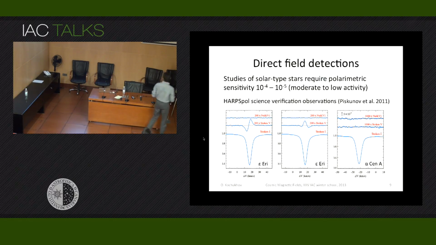Like, for instance, these are two observations obtained for Epsilon Eridani, a nearby K-dwarf star with a slightly enhanced level of activity.